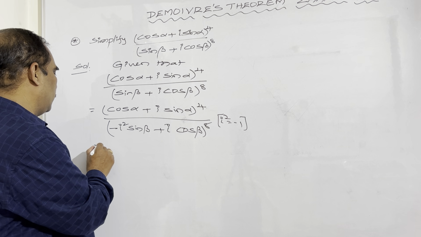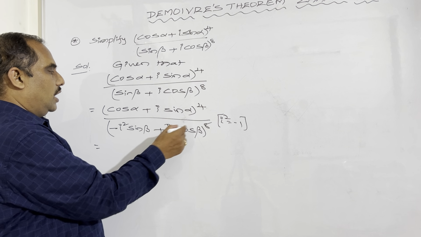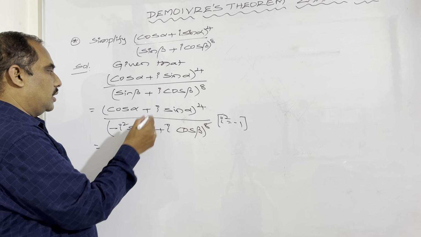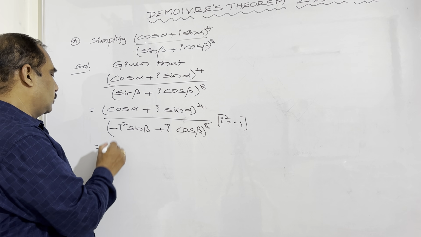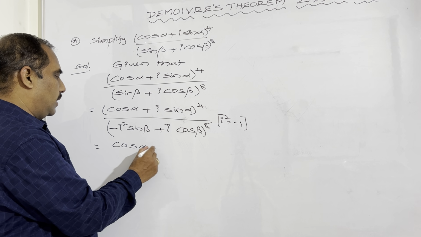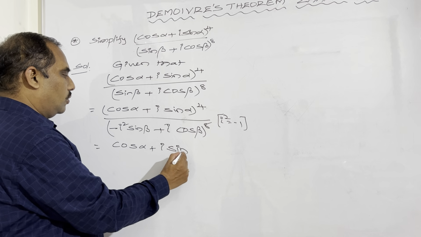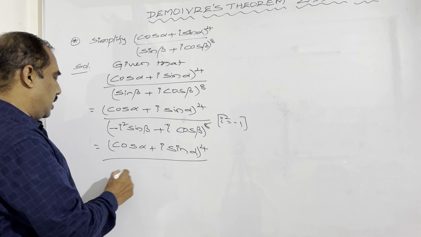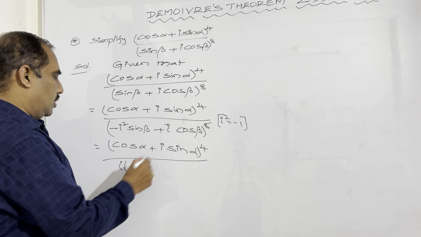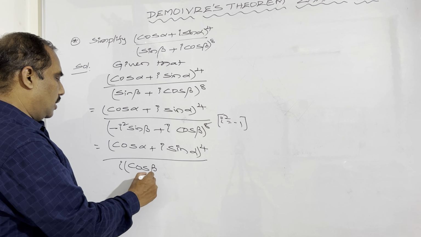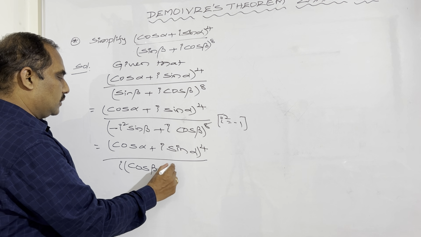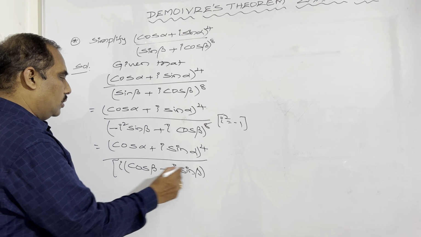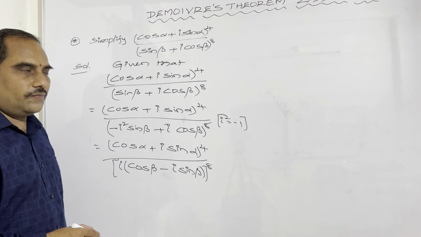Then if you take I common in these two terms of the denominator, we simply get cos alpha plus I sin alpha whole to the power of 4 whole divided by, taking I common, cos beta minus I sin beta whole to the power of 8.